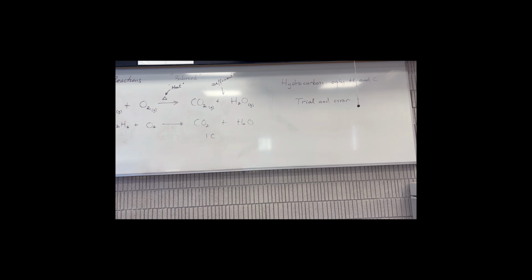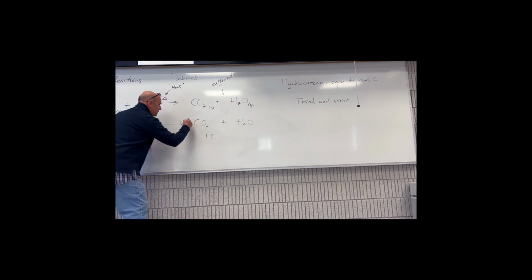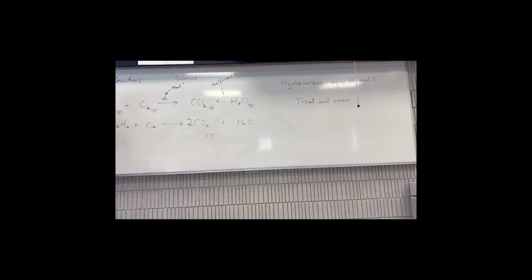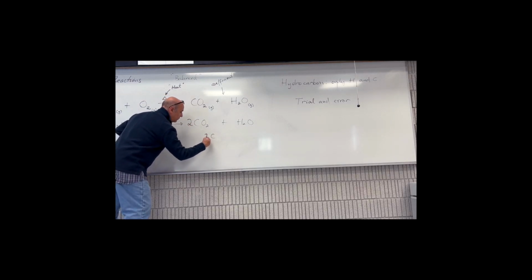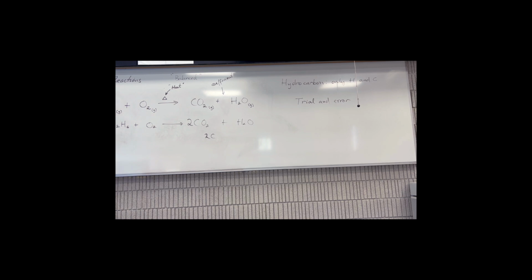We're not looking at anything else right now. We put a 2 in front of the CO2, exactly. So now if we do the accounting for carbon and carbon only, we have still 2 carbons, and then 2 times 1, now we have 2 carbons. So good, we balance the carbon.